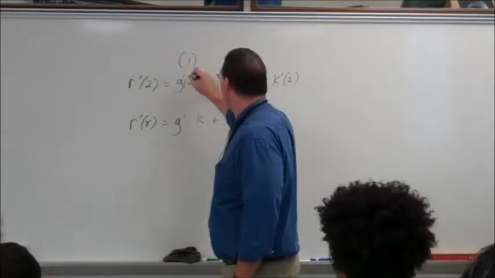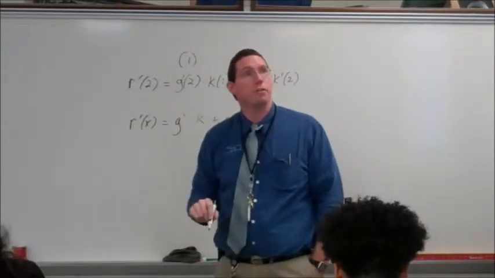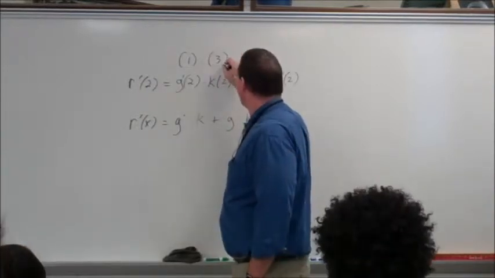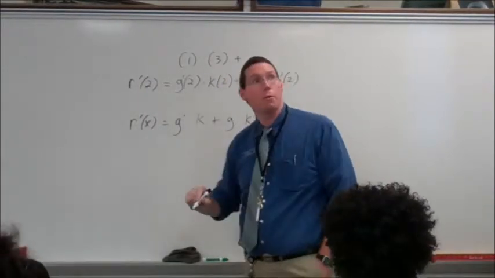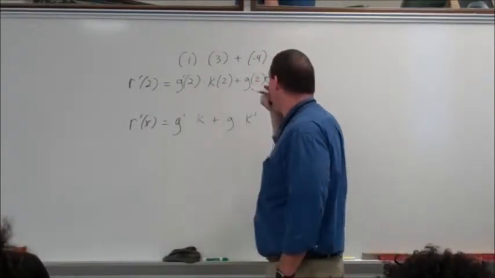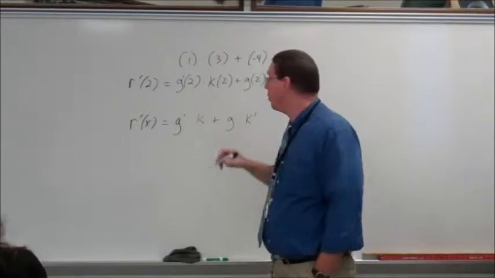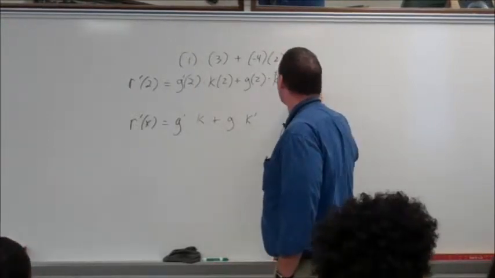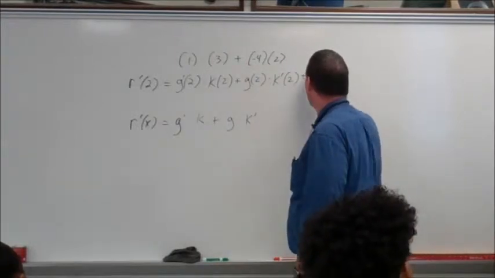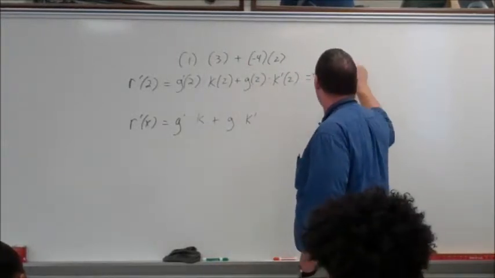Okay, so that's 1 times, what's k of 2? 3 plus, what's g of 2? Negative 4. And what is k prime of 2? 2. So now it's just 1 times 3 is 3 plus negative 8, negative 5.